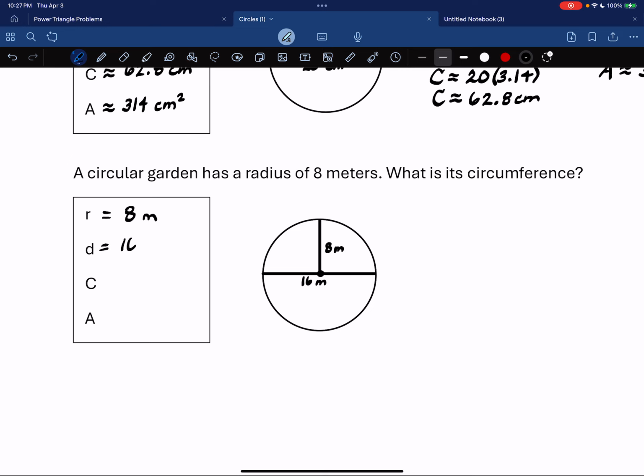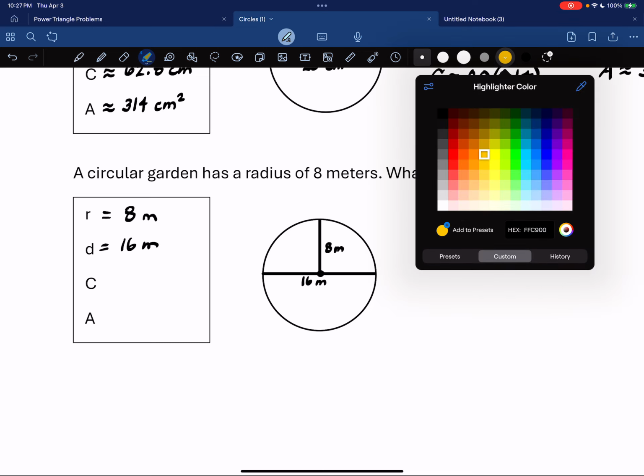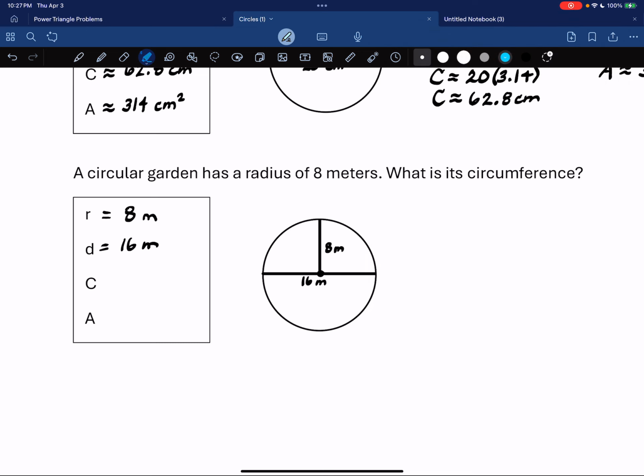But the question this time is to find the circumference. And circumference is going to be the distance around the circle. So if this were a walking track, it would be that distance around, and that's what we're looking for. What is the circumference of the circle? But I do want to find area as well, just for practice.